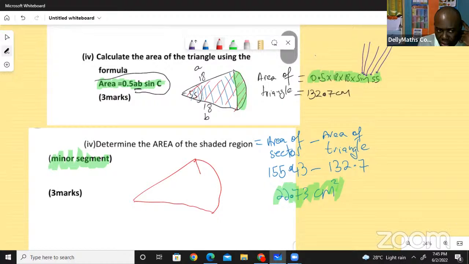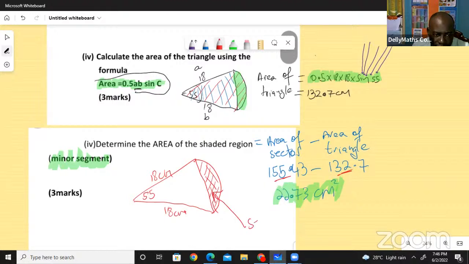Here it is. This was the question. You were trying to find this. 55 is here. 18. This is how you go about finding that. You found the area of the sector first, then you find the area of the triangle, subtract them, and you get that shaded part. This is what we call the segment.